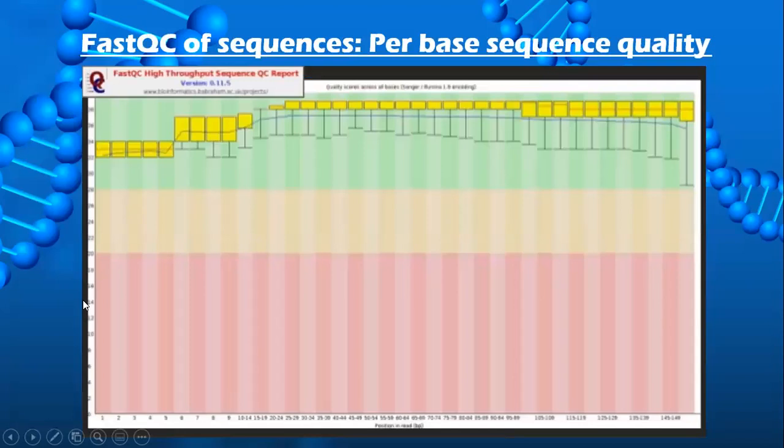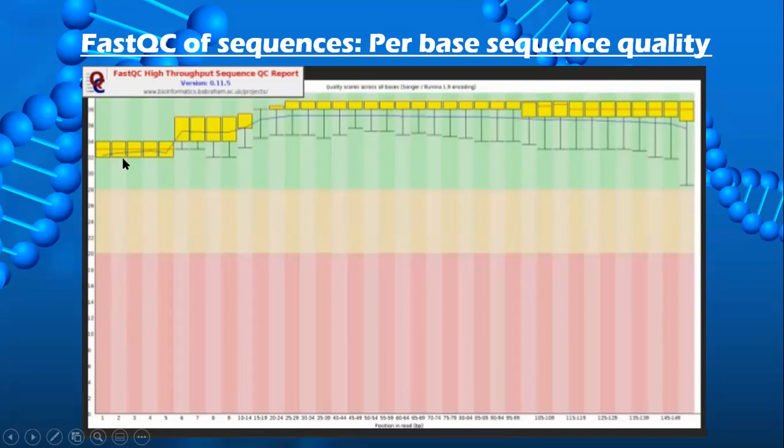So coming to the FastQC of these sequences, this picture shows the per base sequence quality. And this is a parameter that gives you an overview of the range of quality that's measured as Phred scores across all the bases.